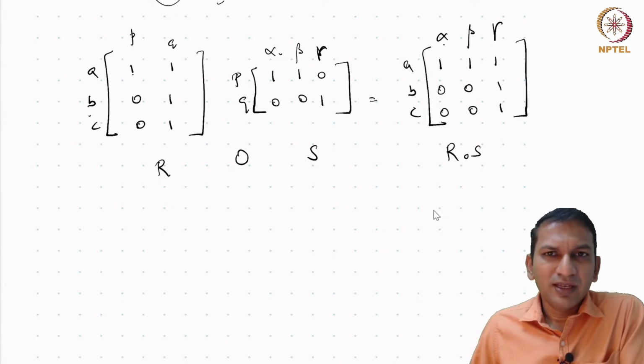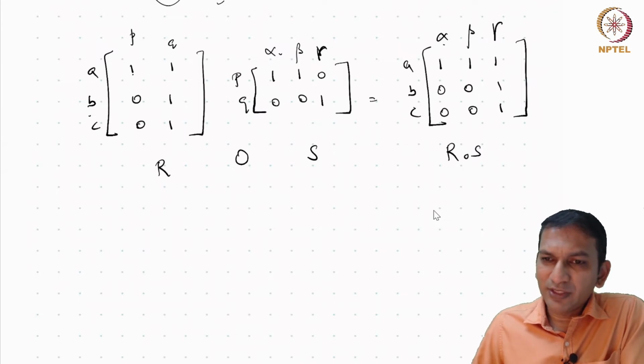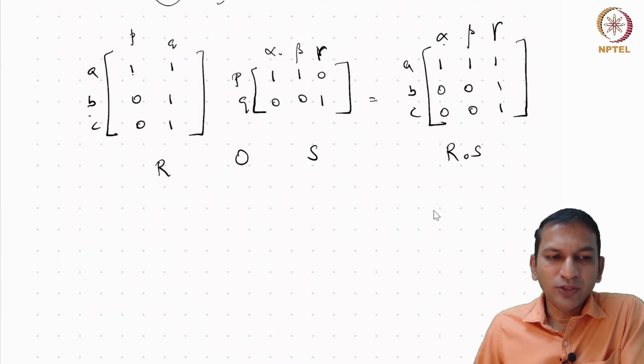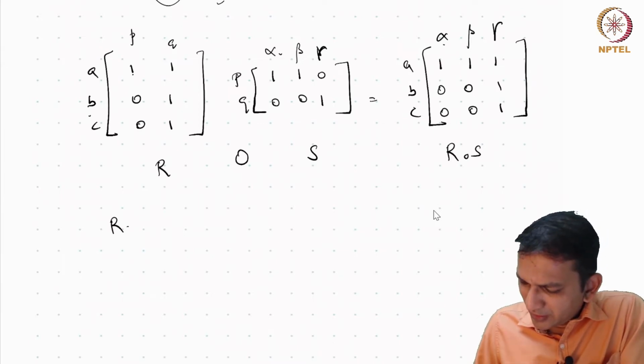As you have seen, composition is somehow related to transitivity. So what we are doing is some kind of finding the transitive nature of these relationships between A and alpha through P. So essentially we are writing R circle S of A comma alpha.